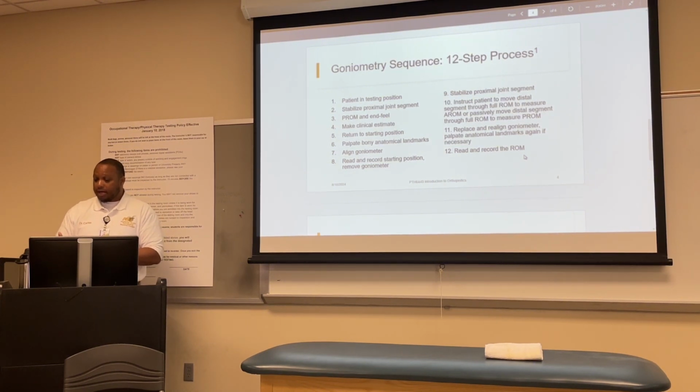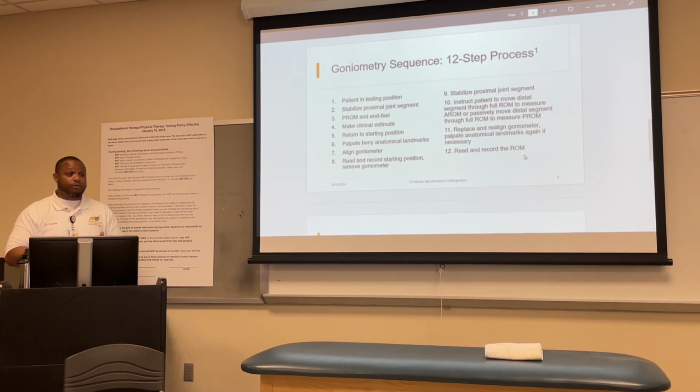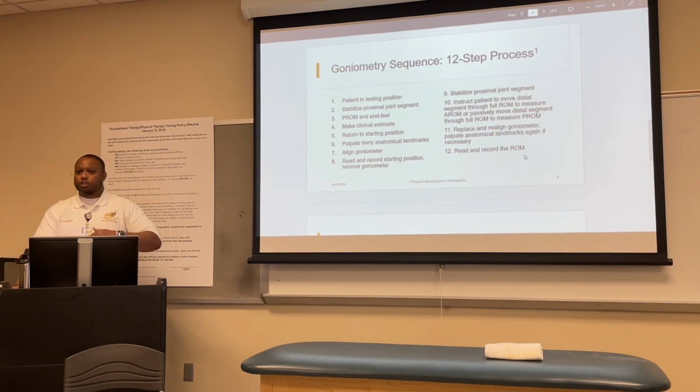Now you can measure passive range of motion as well. You can put a number to passive range of motion by passively moving the distal segment through the full range of motion. If I'm asking you to quantify a person's active range of motion, are you going to move that person passively? Do not make that mistake. We do get students where we say quantify the range of motion.